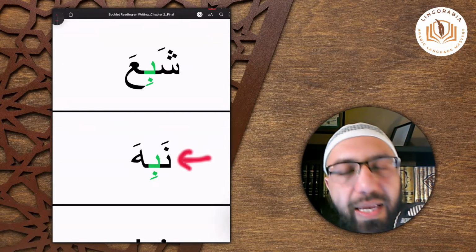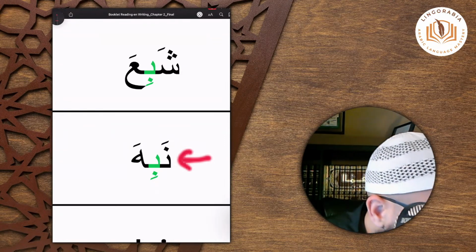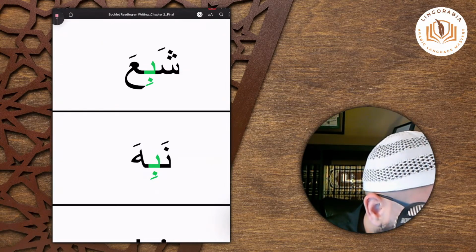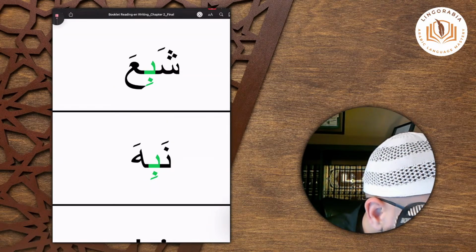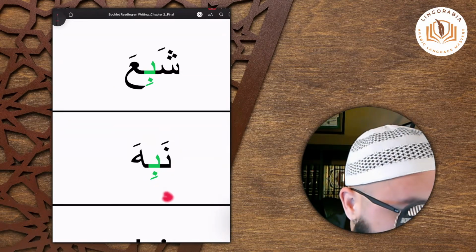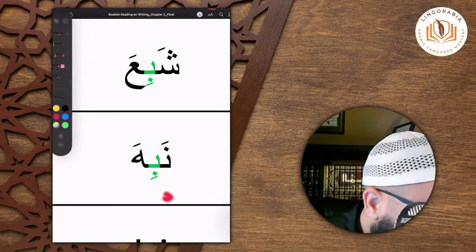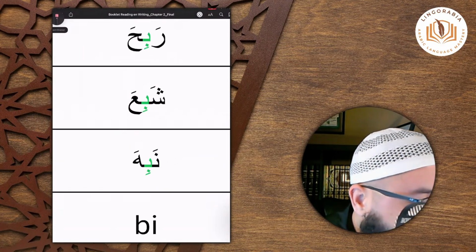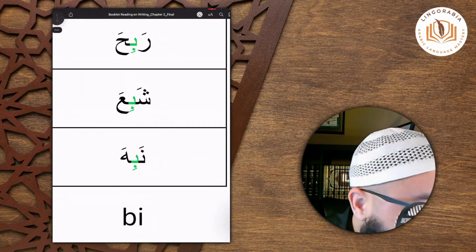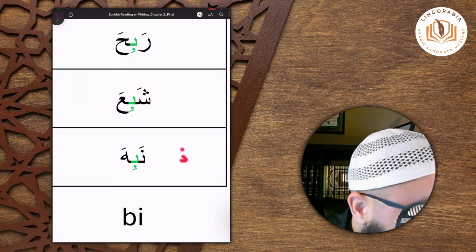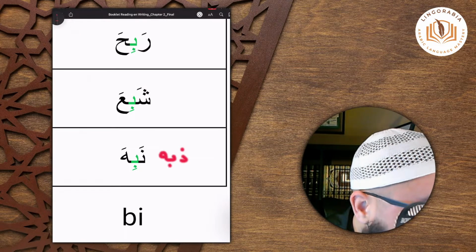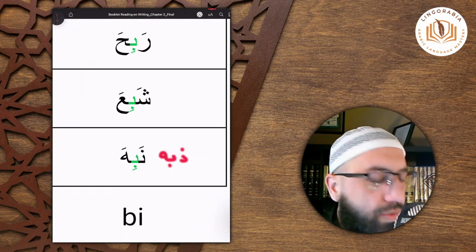Because it is connected. Yes, guys, because it is connected. Look, guys, the letter dhal, what happened here? Okay, I made it maybe a little bit too big. The letter dhal, you cannot join with the letter after it.